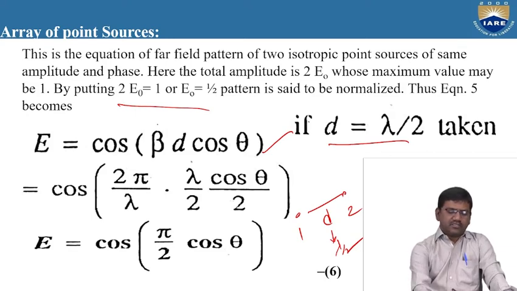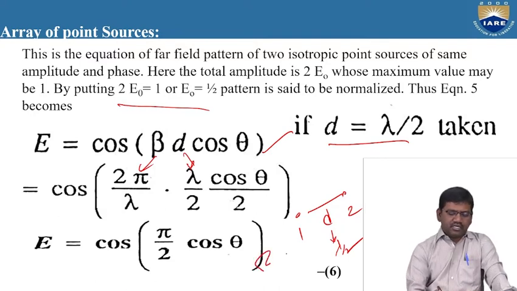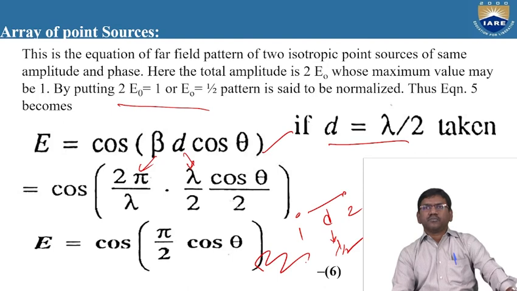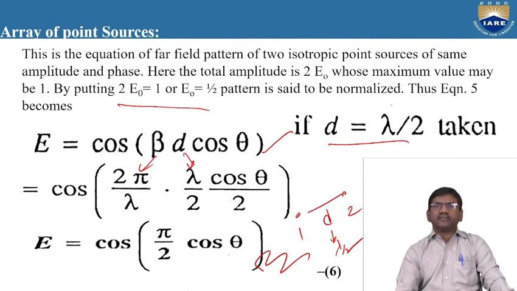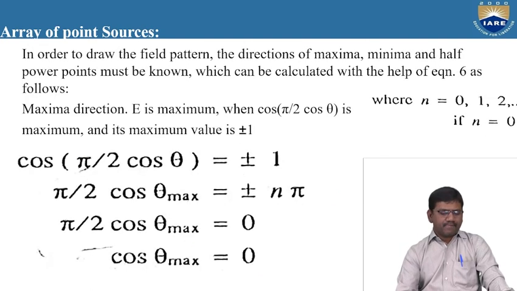If we substitute β equal to 2π/λ and d equal to λ/2 and simplify, the total electric field given by the 2 point sources separated by λ/2 is E equal to cos of (π/2 cos θ). So for 2 point sources of equal amplitude and phase separated by a distance of λ/2, the total field strength is cos of (π/2 cos θ).